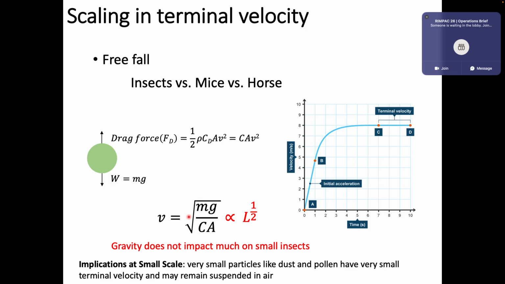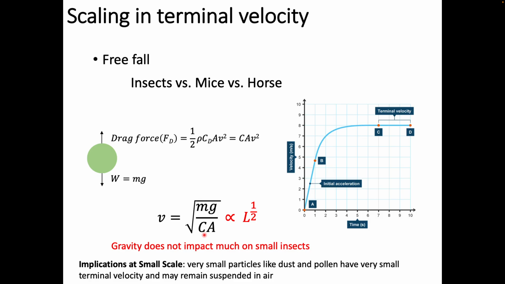C again is just a lumped constant. On the length scale, the mass is proportional to volume, L cubed, and area is L squared. You can cancel those out, only L is left, but we have a square root, right? That is essentially L to the power of 1/2.